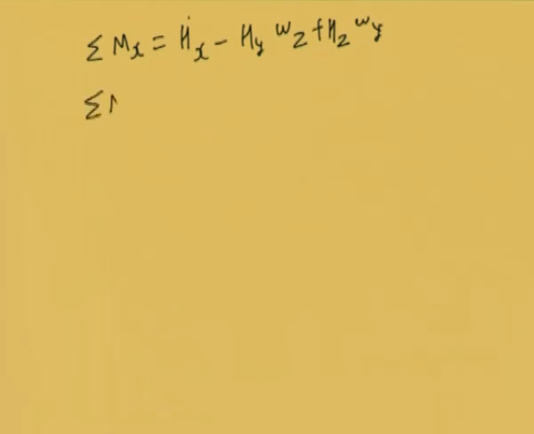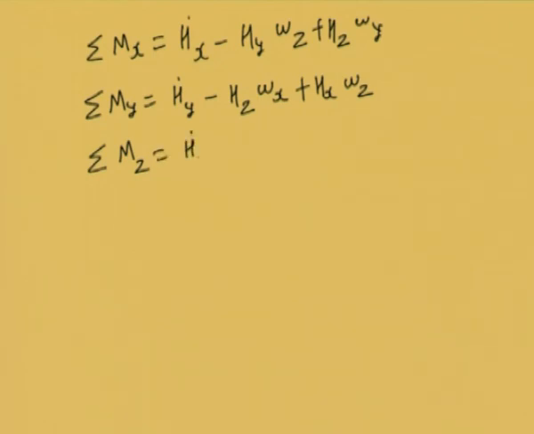Similarly, sigma My comes out to be H dot y minus Hz omega x plus Hx omega z. Sigma Mz is H dot z minus Hx omega y plus Hy omega x.